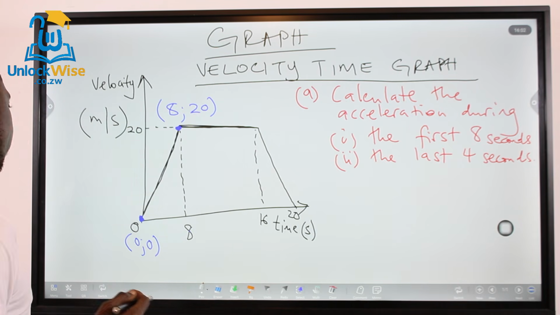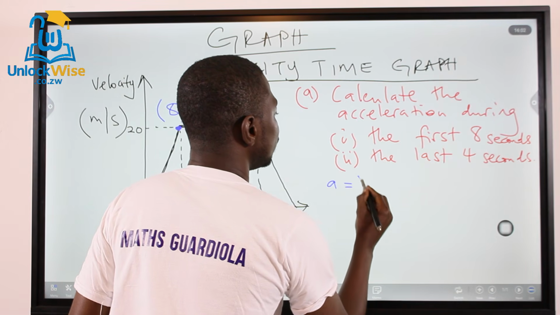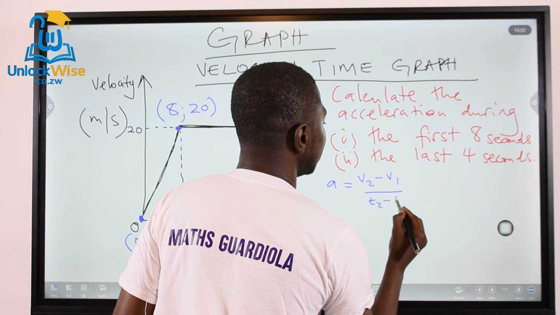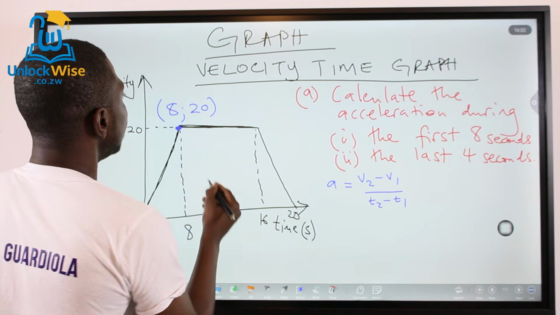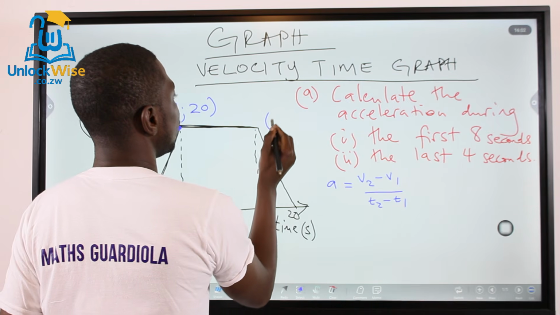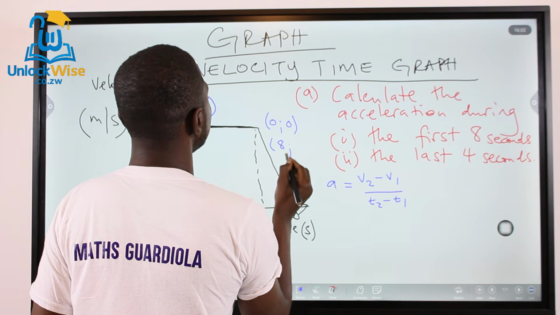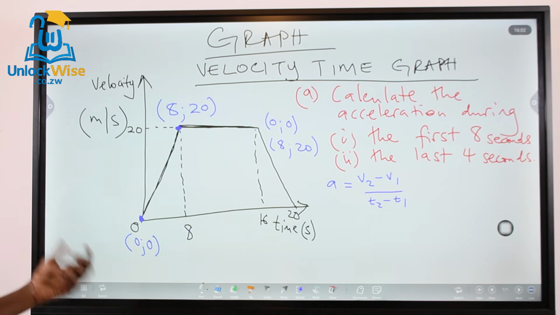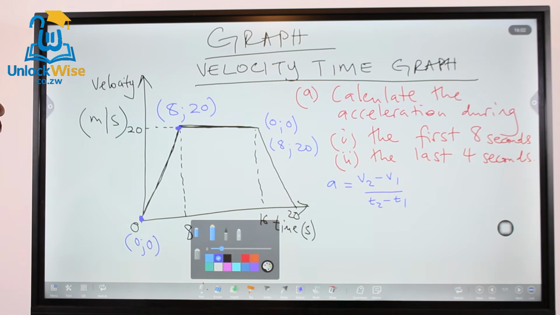And our formula to calculate acceleration is equal to v2 minus v1 over t2 minus t1. Right. And I will take my coordinates 0, 0, 8, 20, and whichever I choose to be my v1, then the other one will be my t1. Whichever I choose to be my v2, the other one will be my t2.